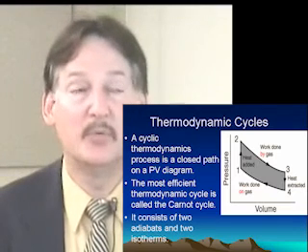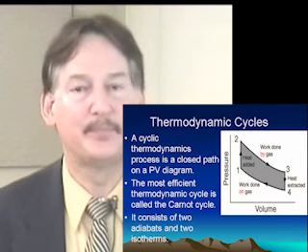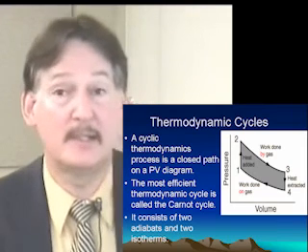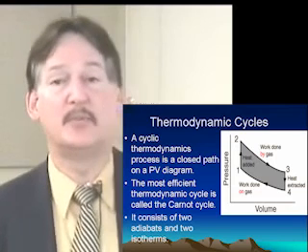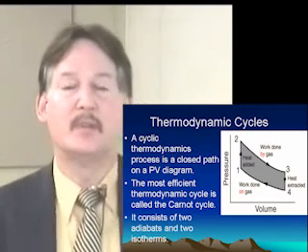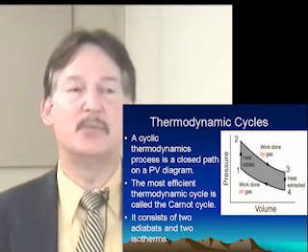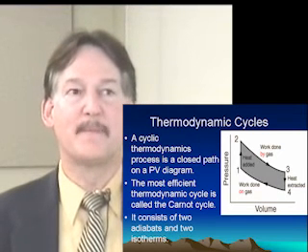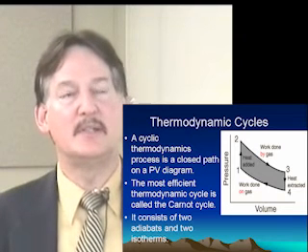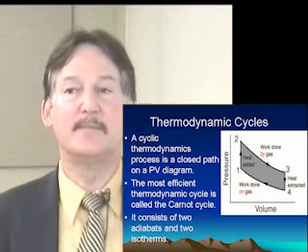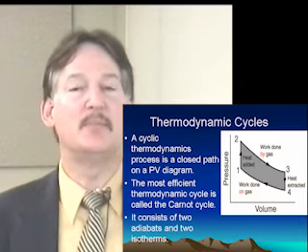Point 1 to number 2 is one process. Looking at that diagram, can you tell me what is the process from step 1 to step 2? Which one of our iso terms or adiabatic terms is that? Well, as you notice, the volume stays constant. That's a vertical line. So that's an isometric process from step 1 to step 2.